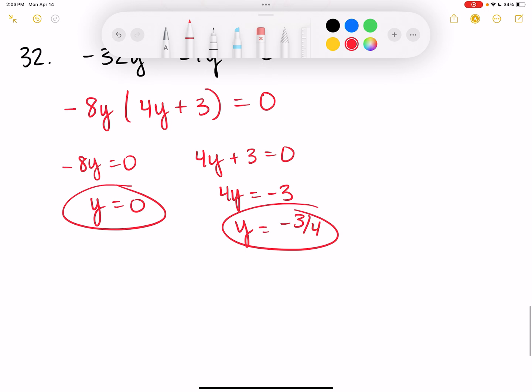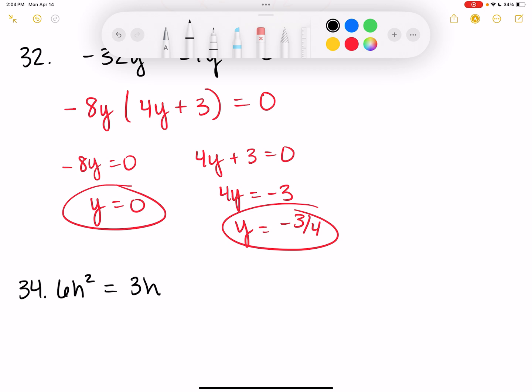All right. A couple more here with these that are just a little bit different in their setup. So 34, we've got 6h squared equals 3h. Okay, so this one is obviously different in that it's not everything on one side equal to 0, right?